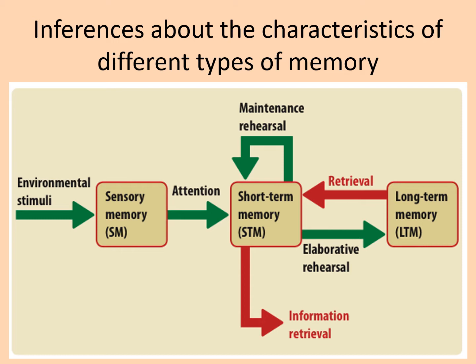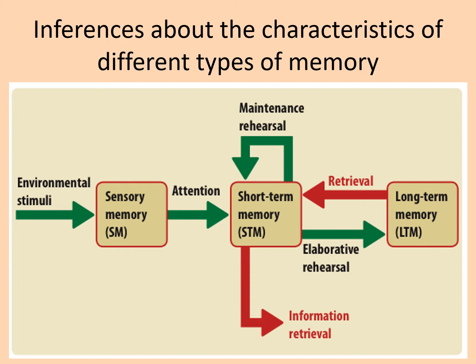It's saying how memories are formed. So each of the stores, those boxes that you can see, are different types of memory, and cognitive psychologists will have done experimentation in order to understand the characteristics of those different stores.